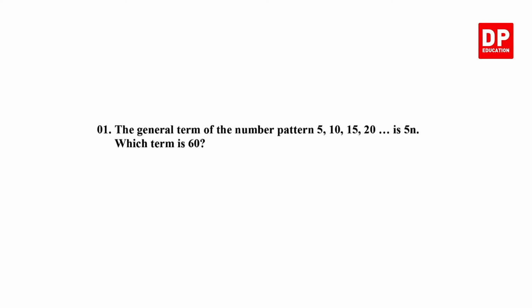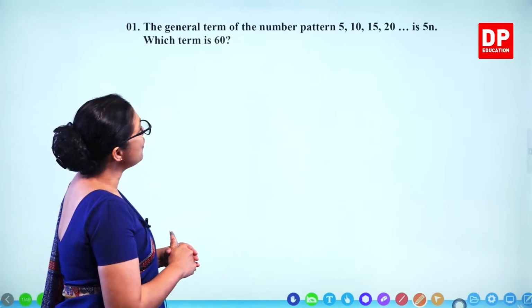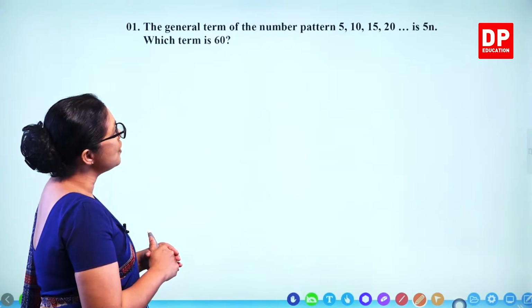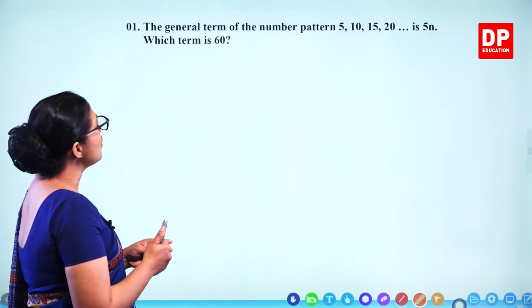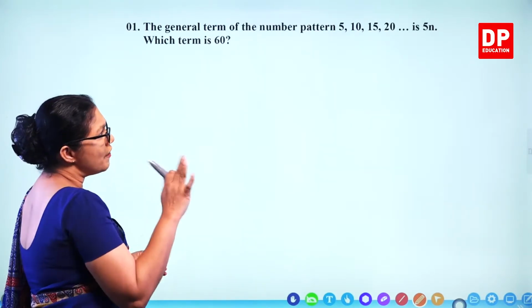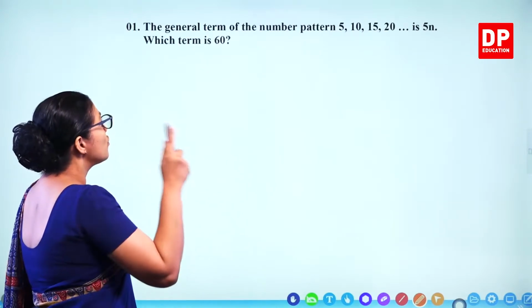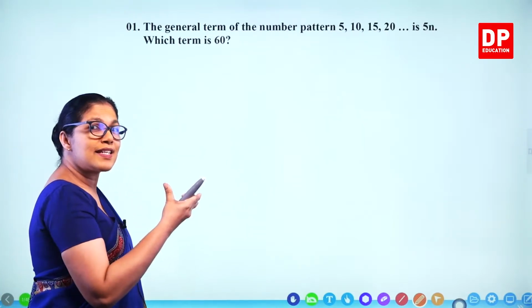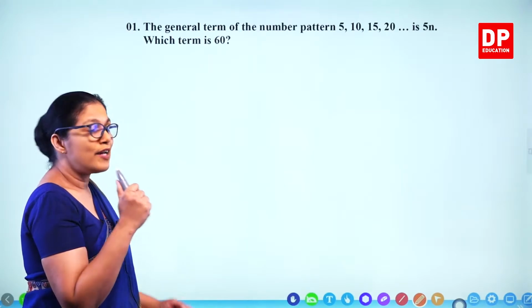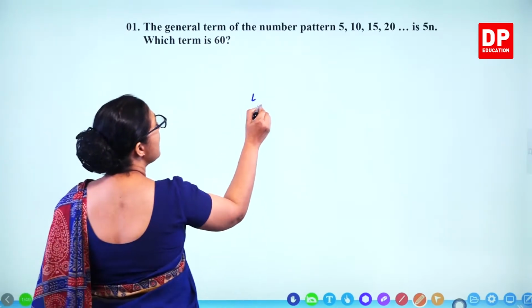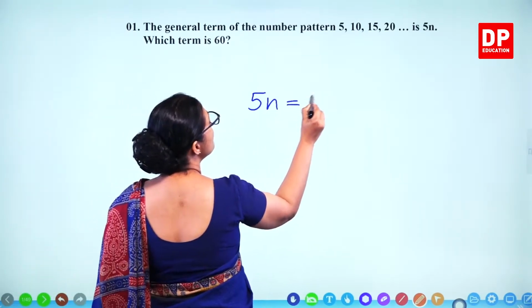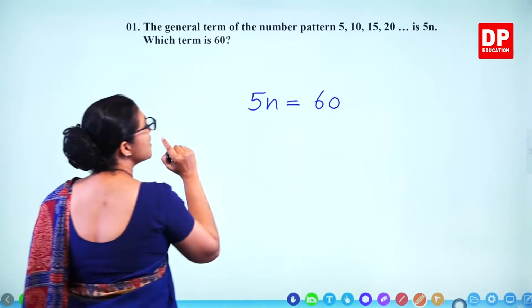Let's take question number 1. The general term of the number pattern 5, 10, 15, 20 is 5n. Which term is 60? The general term is 5n, and that term is 60, so you have to find the value of n. So 5n is equal to 60. What is n?